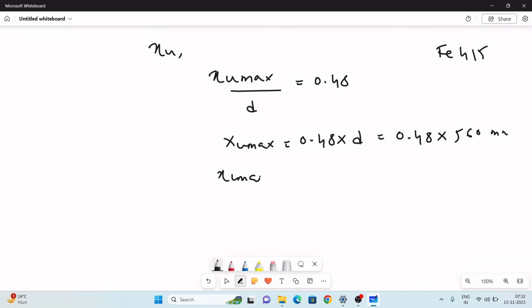XU max equal to 268.8 mm, and after calculation of XU max we have to compare with XU. The value of XU is something around 80. XU is less than XU max, and we can conclude that the design is under reinforced.